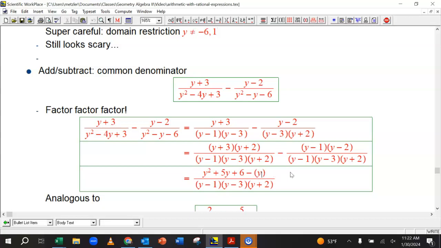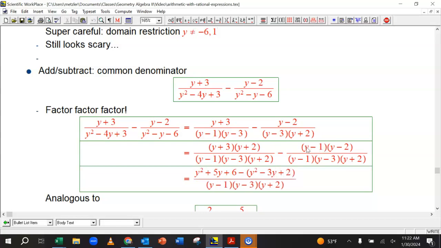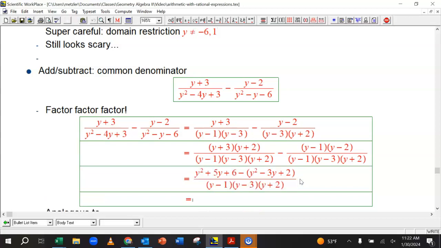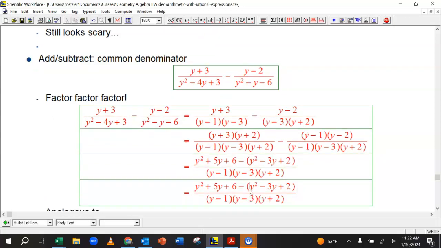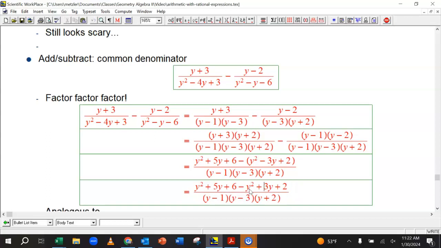This is one group. That is the most common mistake I see in this particular business. All right, so this is the quantity y squared minus 3y plus 2. That's all getting subtracted. The first thing I'm going to do is not do anything else but really, really carefully just distribute that minus sign. It just flips these guys.